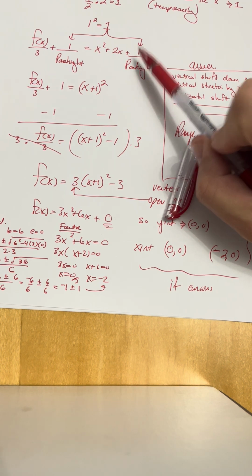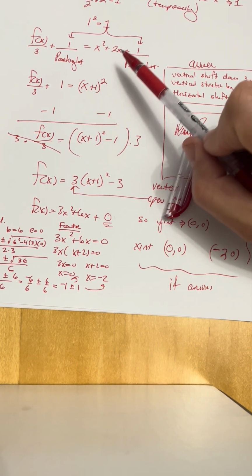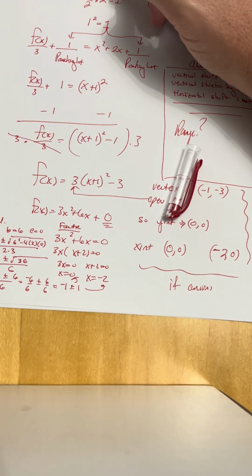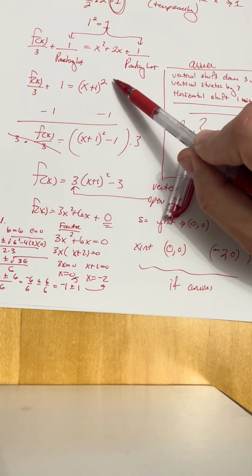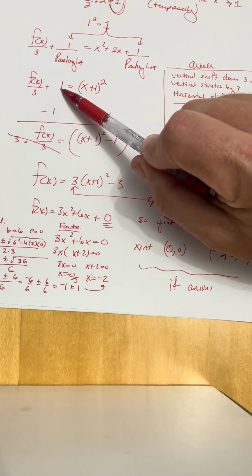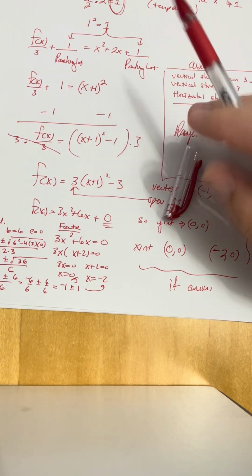What it will do every time is it will be x, and because this is positive, it's always this value. It's plus 1, so it's x plus 1, and then it's squared. Now notice we added 1 on this side. It's important that you see that you have this 1 here as well.